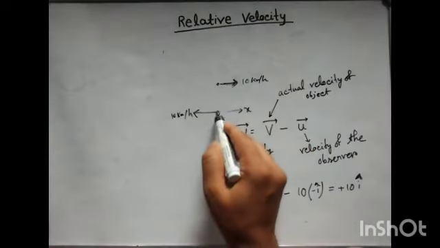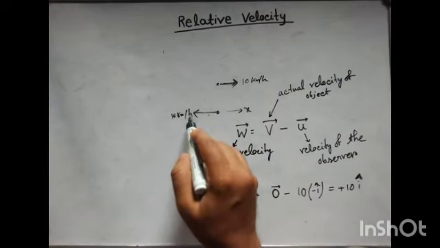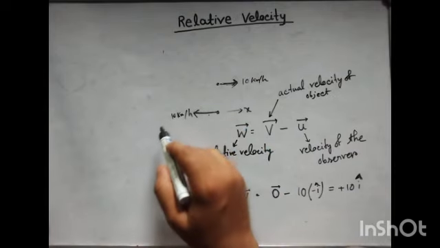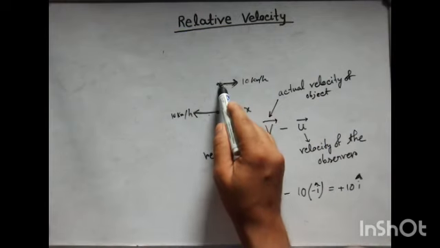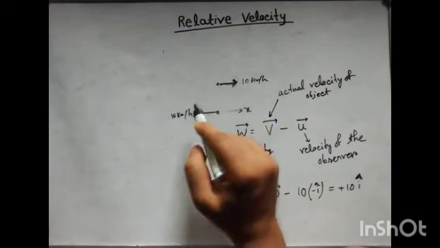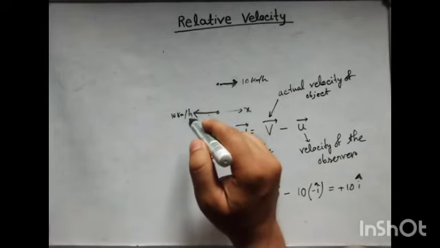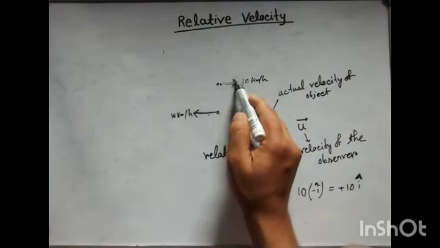So when you are sitting in a train which is moving 10 kilometer per hour westwards, you will see the tree which is standing outside moving with 10 kilometer per hour speed, and it is moving eastwards. So that is the relative velocity of the tree.